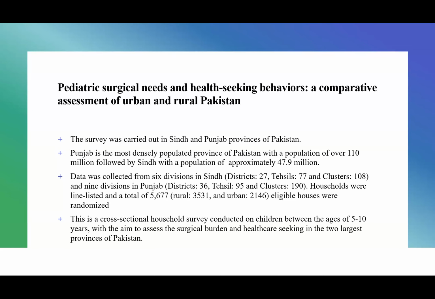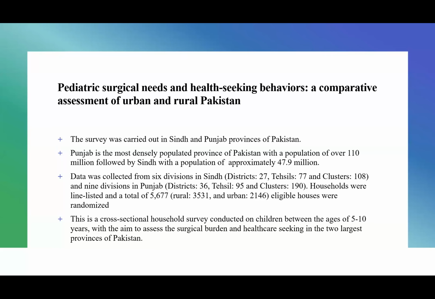Data was collected from 6 divisions in Sindh. In Sindh, we have 27 districts, 77 tehsils, and there were 108 clusters, and 9 divisions from Punjab, including 36 districts, 95 tehsils, and 190 clusters.